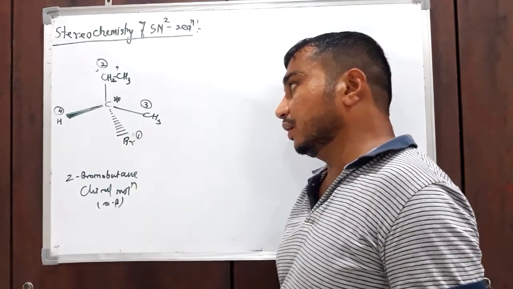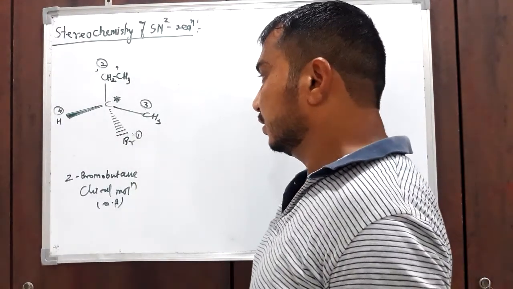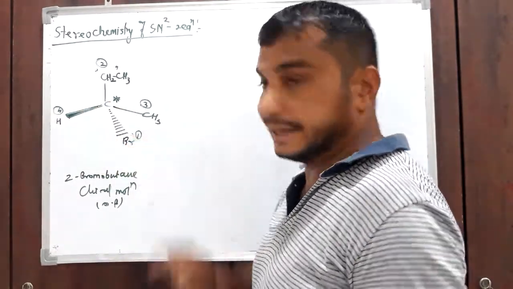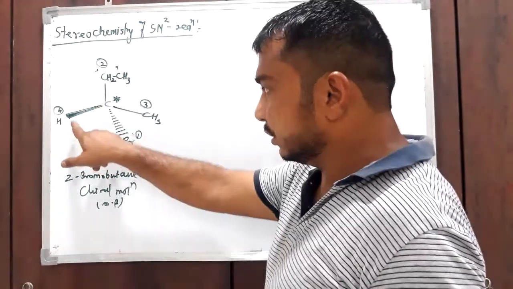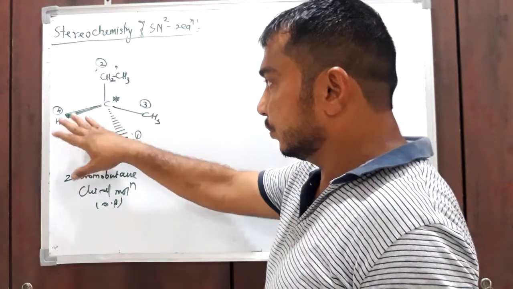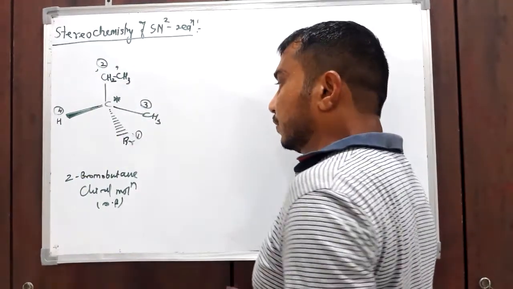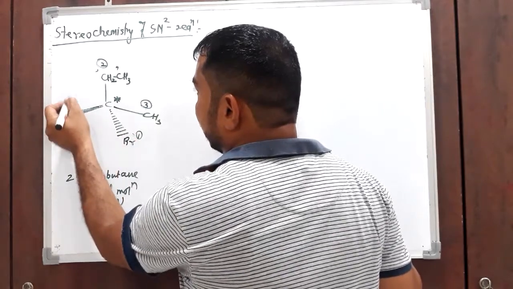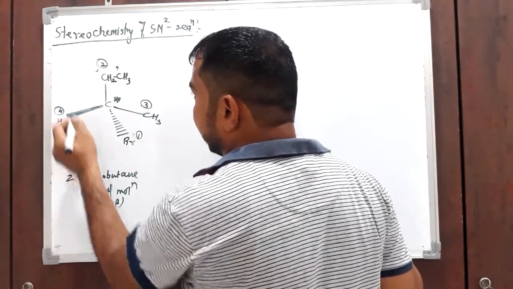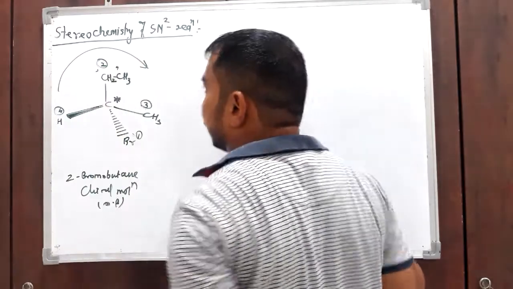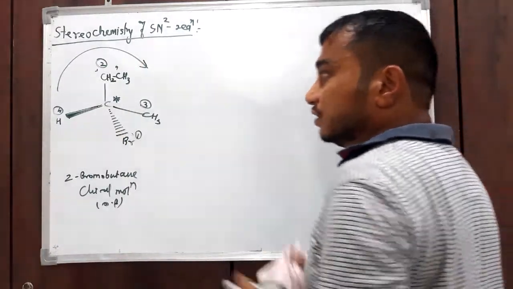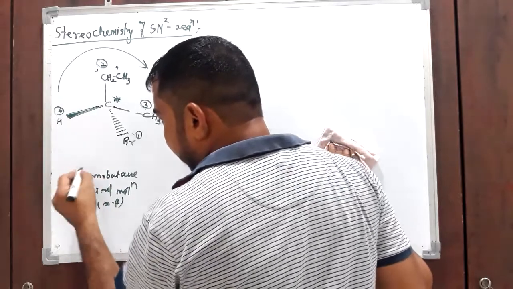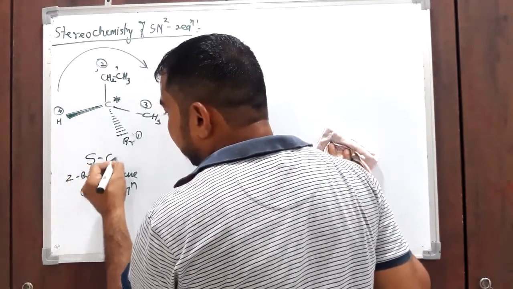Now in this example, the lowest priority group is on the front side. Therefore, actually that group we want on the back side. Therefore, carbon number 1, then start moving 1, 2, 3, but it's on the front side. This rotation is clockwise, but since the lowest priority group is on the front side, opposite means R. Its configuration is R configuration.